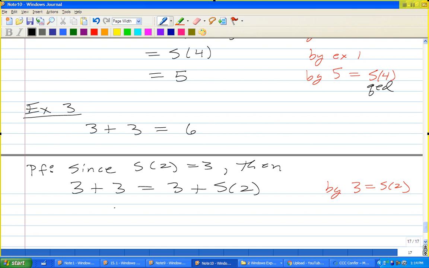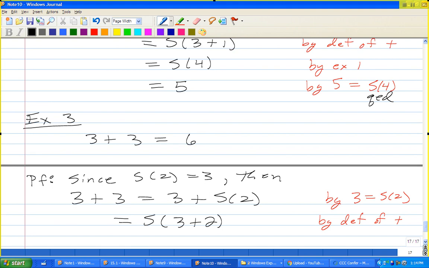So this is equal to, well, by definition of addition of natural numbers, the successor of 3 plus 2.